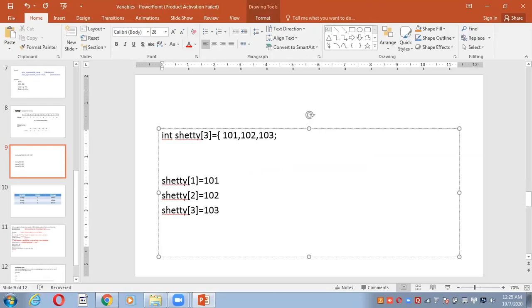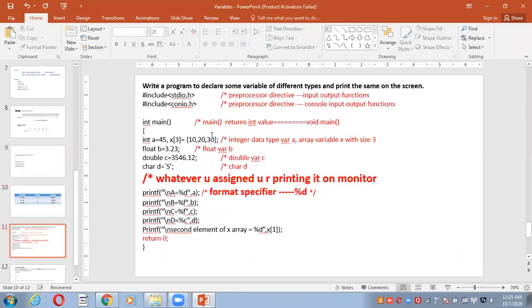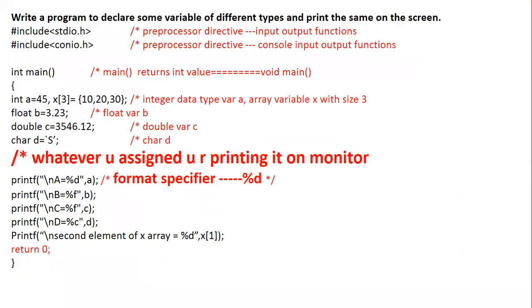This indicates that your array set has been completed. Then you can use it in the program in this kind of way. Here you have printed all these contents, whatever you initialized and declared, on the monitor. Now we will see how these things get executed in the program.